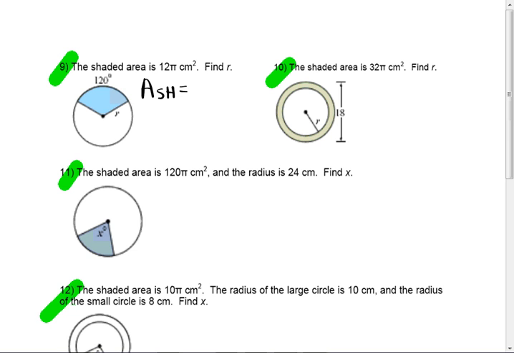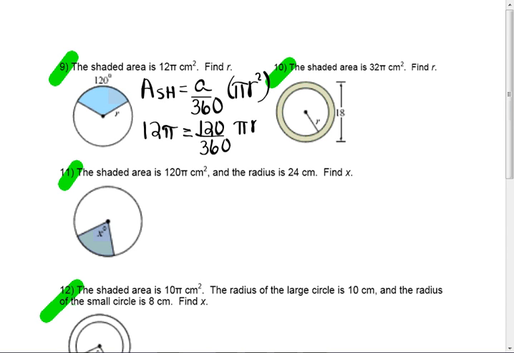Yep. It is equal to A out of 360 times the area of the circle. Okay, you guys? The area of the shaded region is 12 pi equals 120 out of 360 times pi r squared.